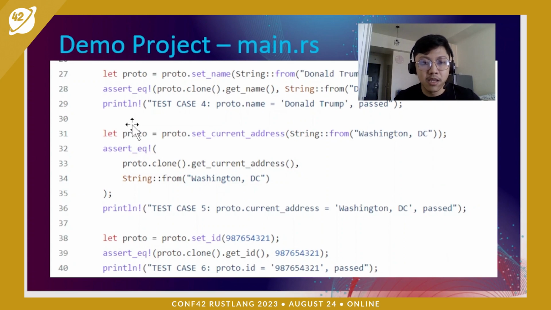And after that, we test if our ID changed from 123456789 to 987654321. If it passes, then it will print that test case 6 passed with proto ID, the new value. And if it fails, then it will just print fail for test assertion.